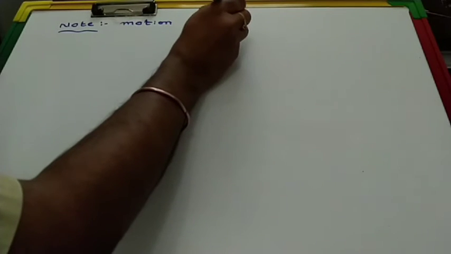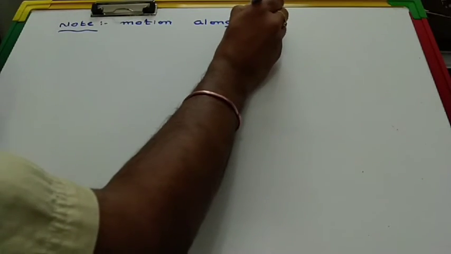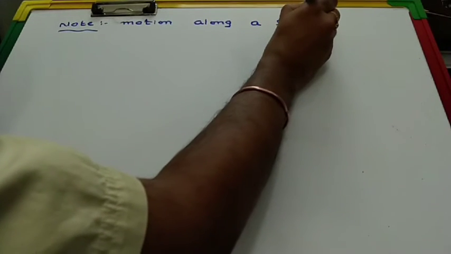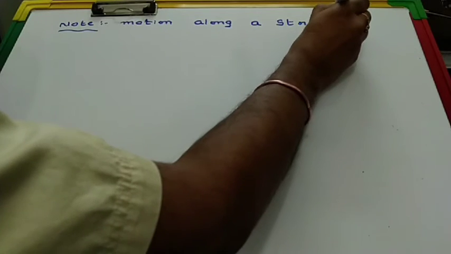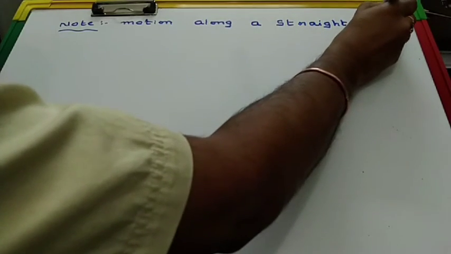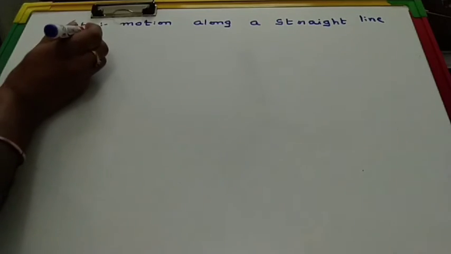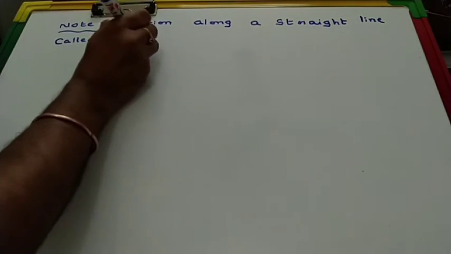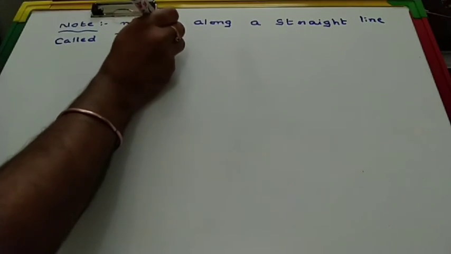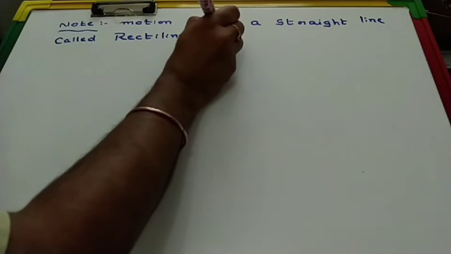Note, motion along a straight line is called rectilinear motion.